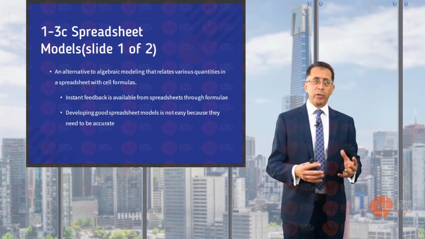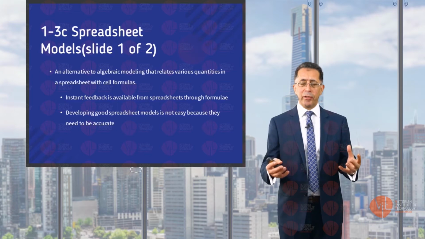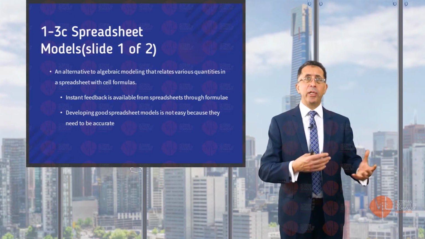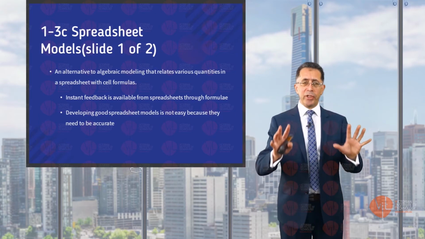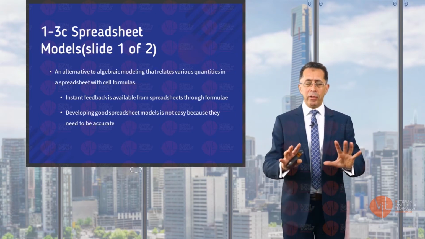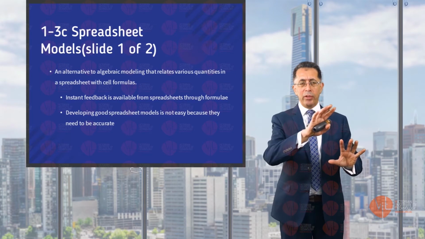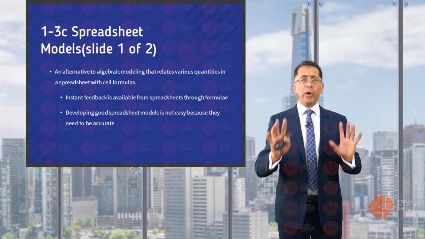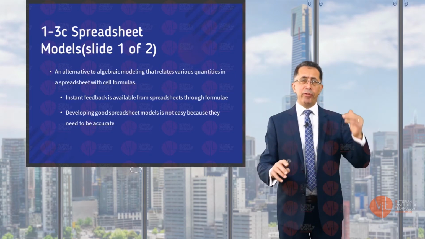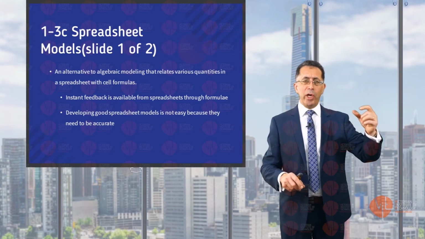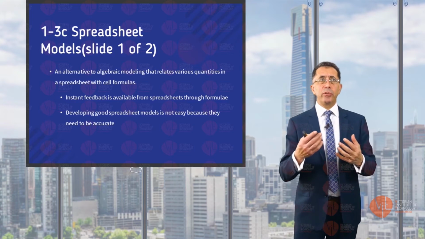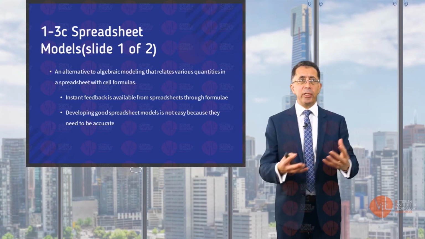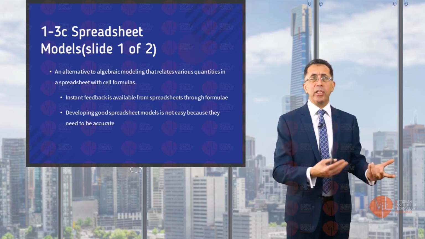The spreadsheet models are an alternative to algebraic and graphical models. A spreadsheet helps us to see different arrays of data versus different observation points. It helps us to relate the quantities, and it gives us instant feedback.